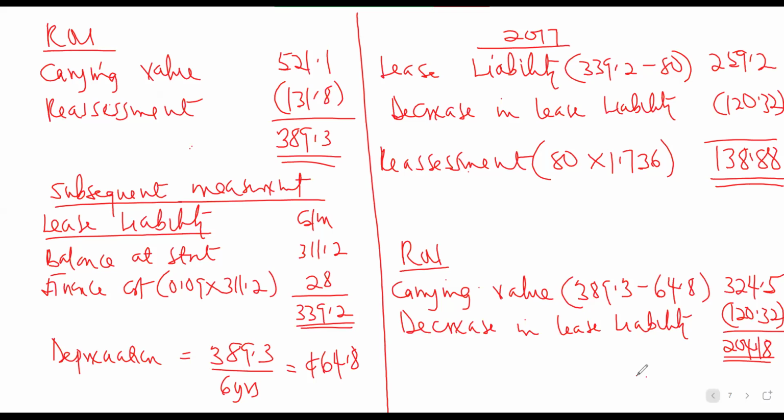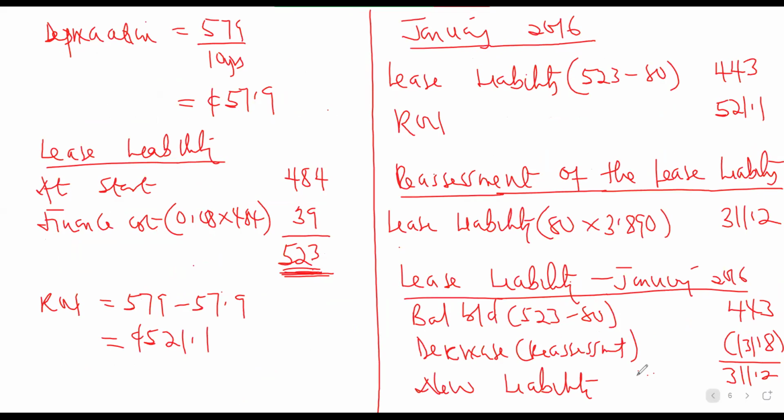What you do is that the 2017 reassessment should be brought to 2016, because the beginning of 2017 is the same as the end of 2016, or the beginning of 2016 is the same as the end of 2015. So if they're asking you for only 2015, the reassessment for this particular one will be done at 2015, and these figures will be adjusted against those figures.